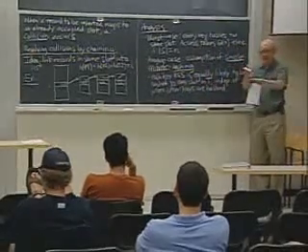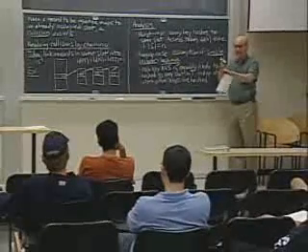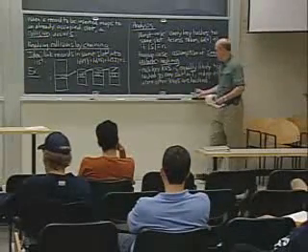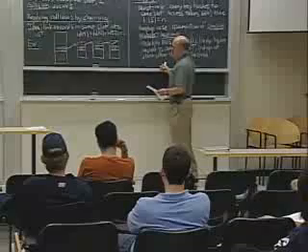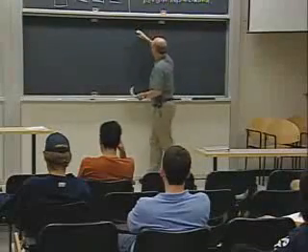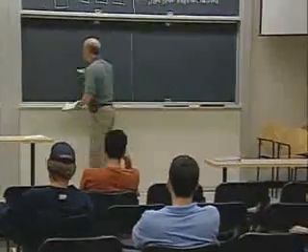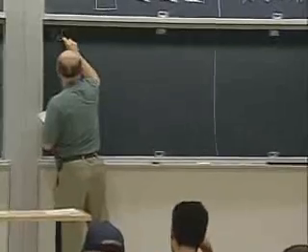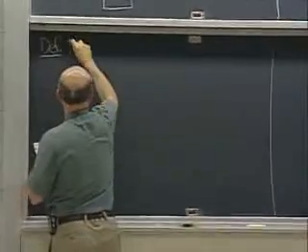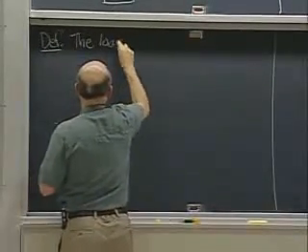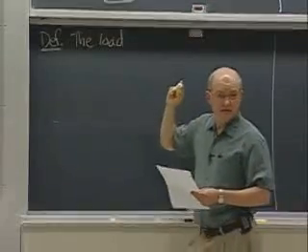But the odds in particular that two keys are hashed to the same slot: 1 over m.